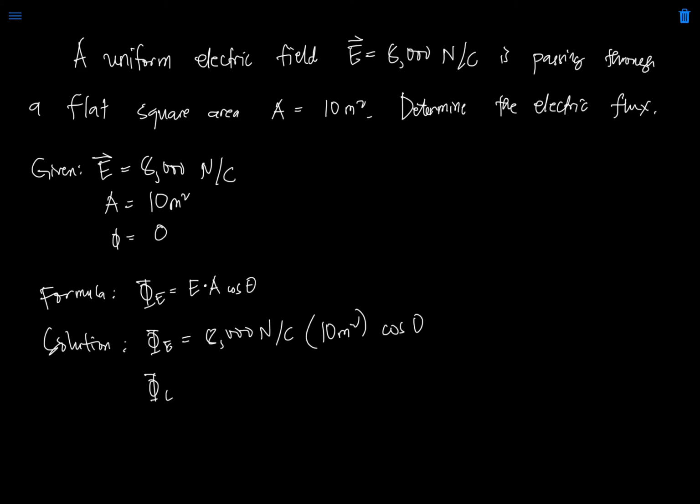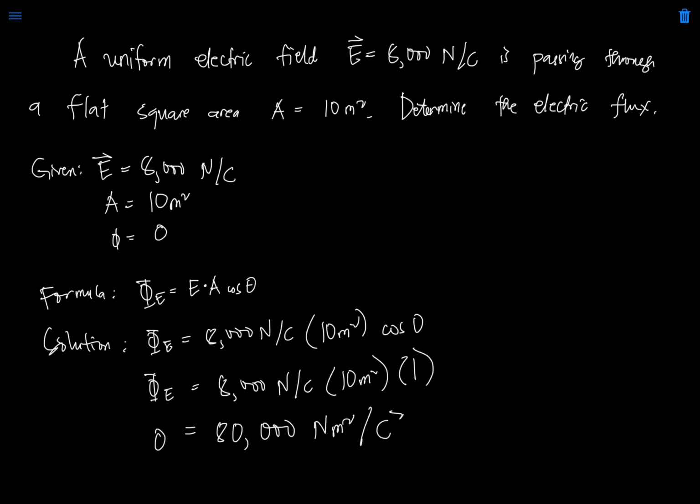So we have 8,000 newtons per coulomb times 10 meters squared times, since cosine 0 is equal to 1, this means that we only need to multiply 8,000 times 10. That gives us the answer of 80,000 newton meter squared per coulomb. So this is now our electric flux.